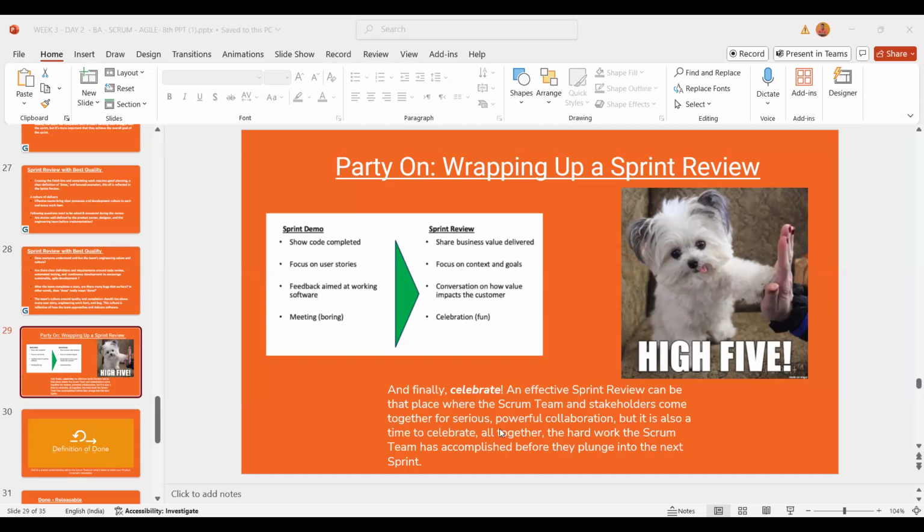When we say celebrate, it means that an effective sprint review can be the place where the Scrum team and stakeholders come together for serious, powerful collaboration. But it is also time to celebrate, altogether, the hard work the Scrum team has accomplished before they plunge into the next sprint. In fact, when you do that, it wins the customer's faith, and they understand exactly what you are going to deliver next.